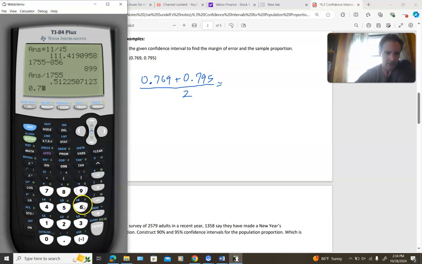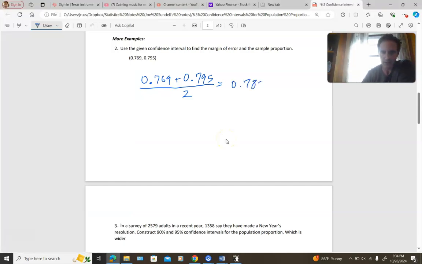It's a little quicker. Divide this by 2, and we get 0.782. Okay, so p hat is evidently 78.2%, in other words.